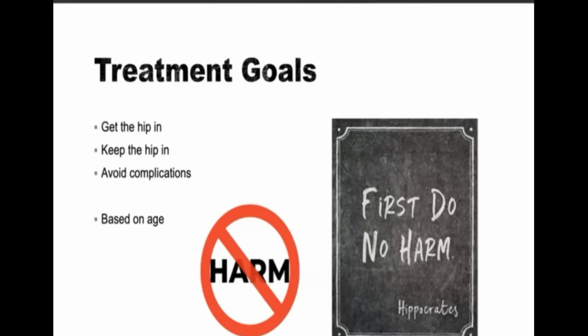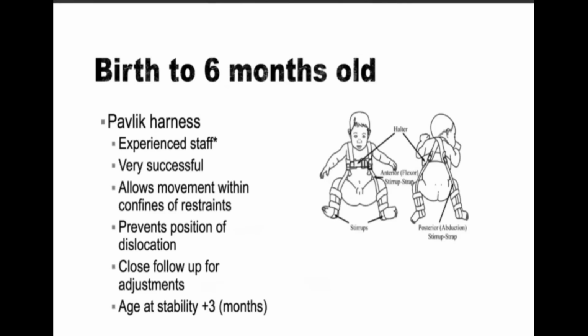If you have a child that has developmental dysplasia of the hip, the treatment goals should be to first get the hip in, keep it in, and then avoid complications. The easiest way to think about this is based on age, because of course we don't want to do any harm. In the really young patients, birth up to 6, maybe even 9 months old, we can use what's called a pelvic harness.